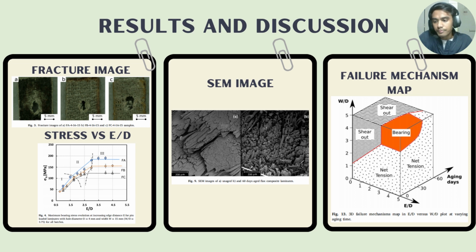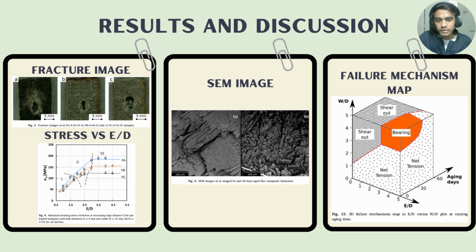In region 2, the cleavage, which is a catastrophic fracture mode, appears, induced by a combination of shear out and net tension modes, and is usually triggered from the joint edge rather than near the hole area. For region 3, where E/D is over 3, the maximum stress becomes constant and the pin-loaded laminate undergoes mixed fracture modes between net tension and bearing mechanism.